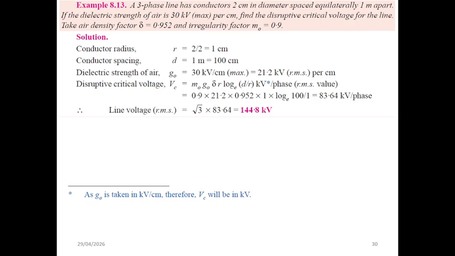So we just need to multiply by square root 3, resulting in a disruptive critical line voltage of about 144.8 kilovolt in RMS. So this example clearly demonstrates how conductor geometric and environmental factors influence corona inception and highlights the importance of accurate calculations in transmission line design.